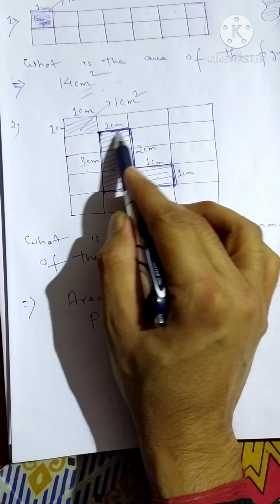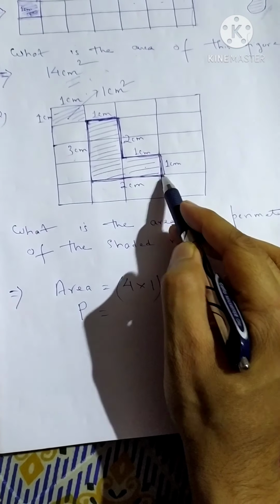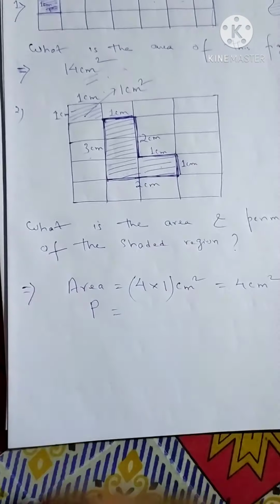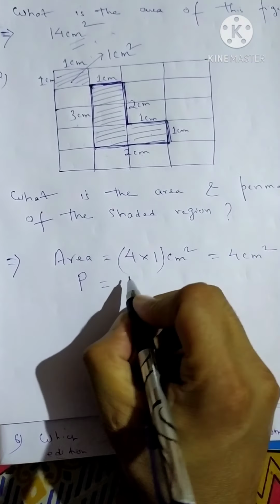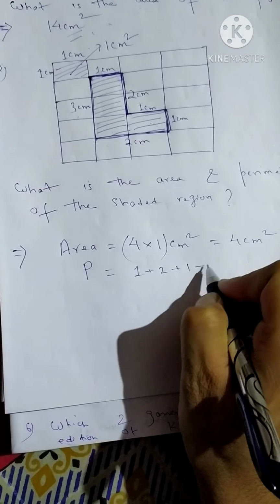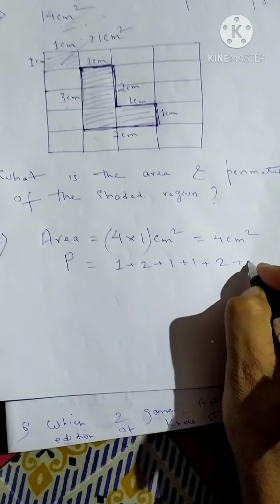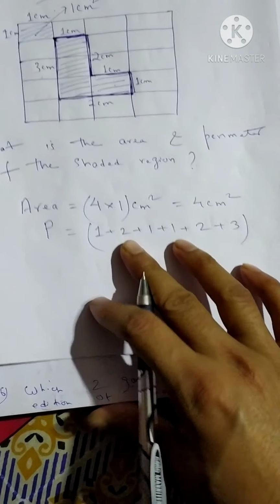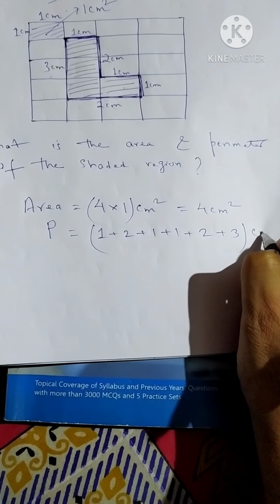So for perimeter, again I'm telling, this is 1, this is 1 plus 1, 2, this is 1, 1, here 1 plus 1, 2 cm, and here 1 plus 1 plus 1, 3 cm. Now what is the perimeter? You just add all these sides. So perimeter will be 1 plus 2 plus 1 plus 1 plus 2 plus 3 centimeter.